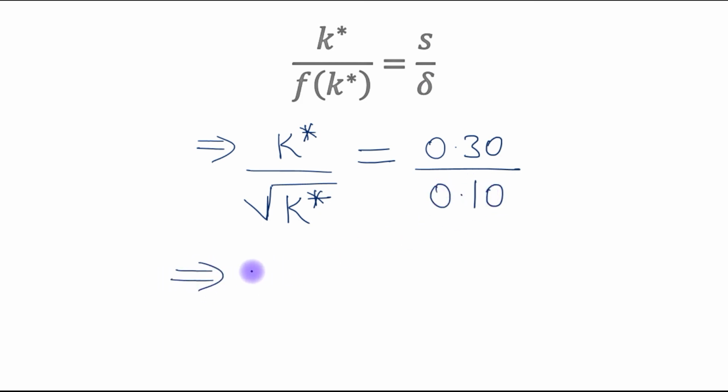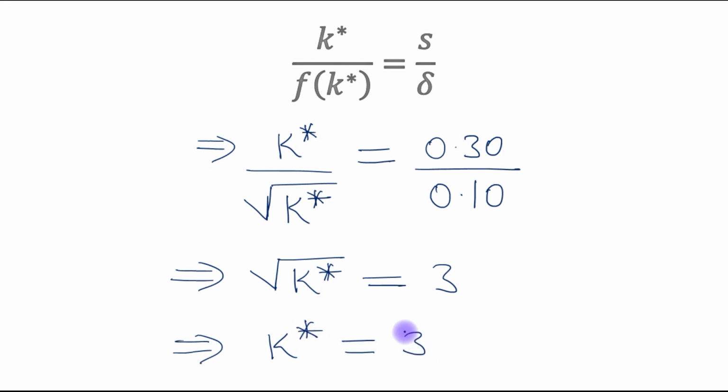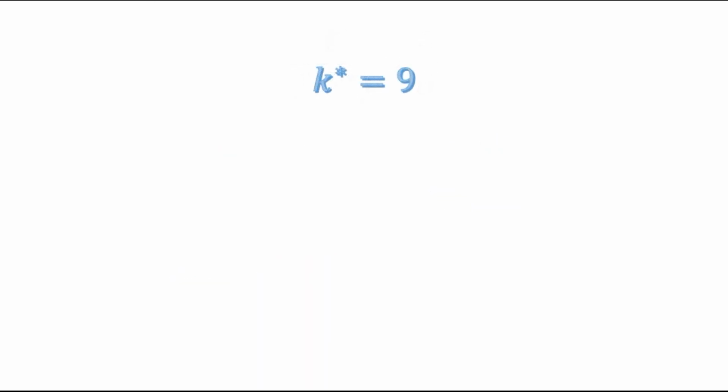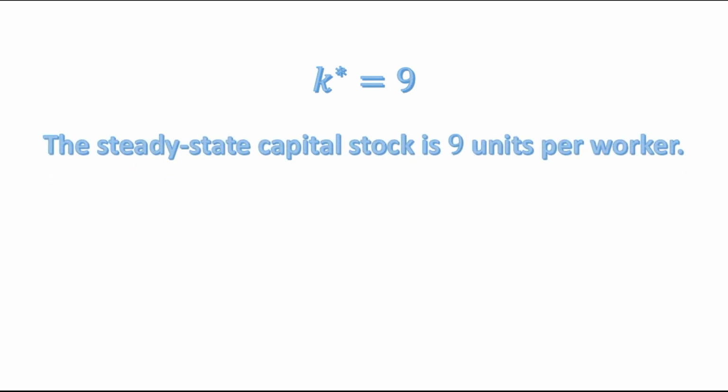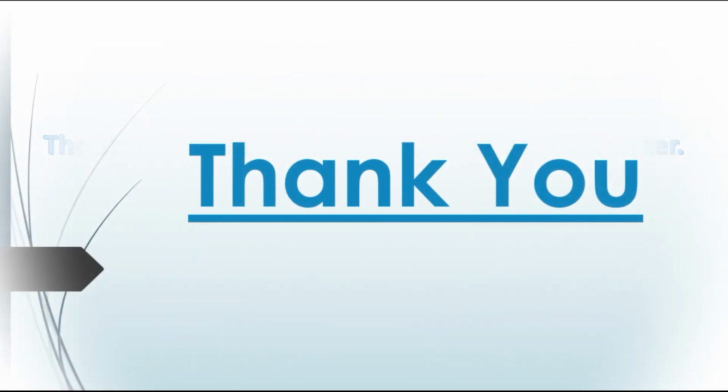Next step, root K star equals 3. Next step, K star equals 3 square equals 9. K star equals 9. So we can write the steady state capital stock is 9 units per worker. Thank you.